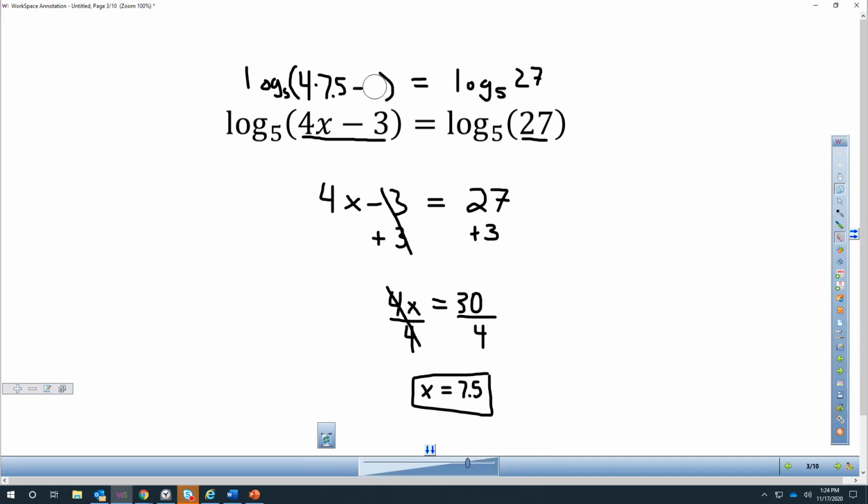So this right here is basically 27. And surely log base 5 of 27 is going to equal log base 5 of 27. So that x value of 7.5 did make these two things equal because it made the things inside the logs equal. So that's the idea of using the equality property.